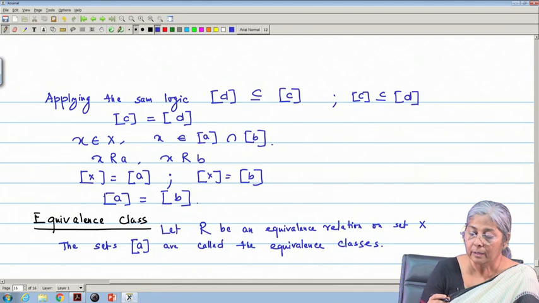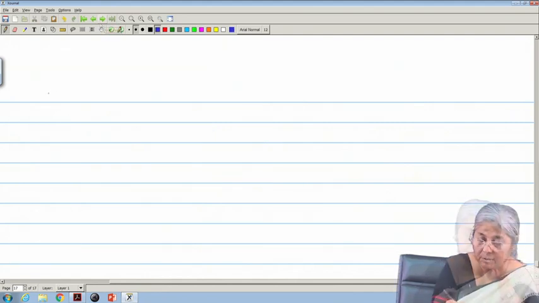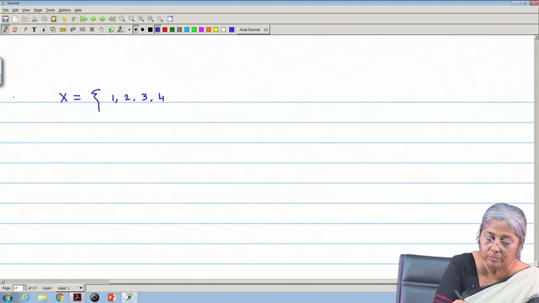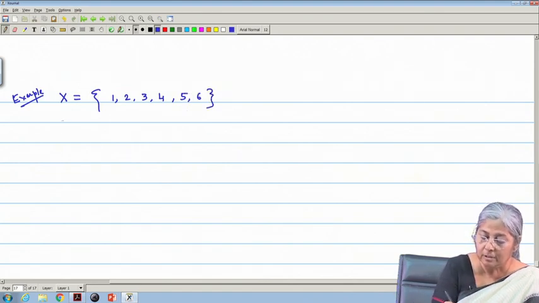So, if we take an example, say I have a set X equal to 1, 2, 3, 4, 5, 6, and some relation.